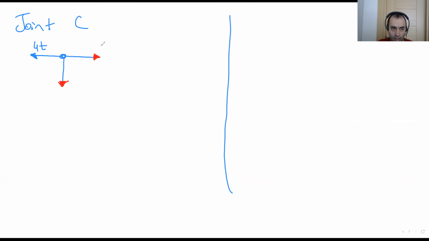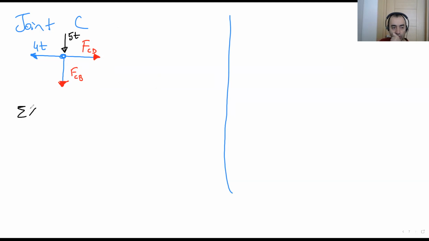So this is FCD and FCB. And at the same time, we have an external force at this point. This is 5 ton.